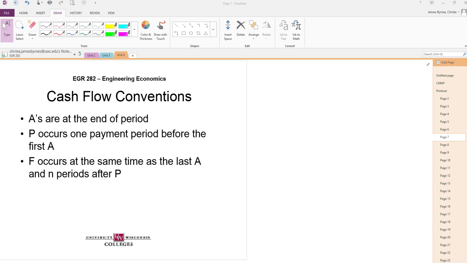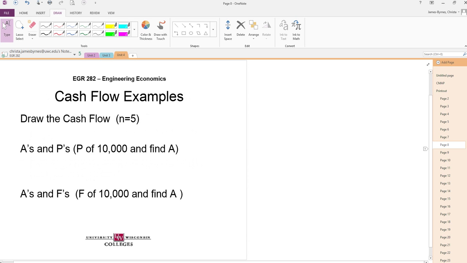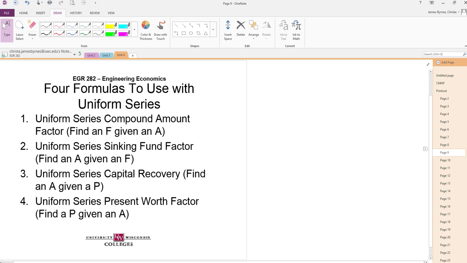So we're going to go and look at our first formula. Okay, well, we did some cash flows. So if you think about our drawings, okay, we've got A's, we'll just draw them here, A's, and a P, or we've got A's, and again you could draw them the opposite way, right? And an F. Look at all the things we can do.